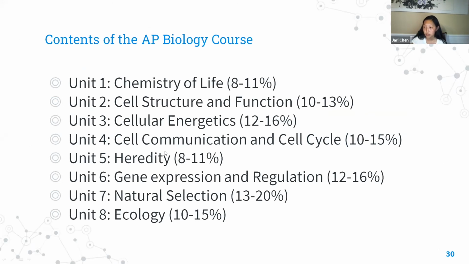So the average amount of AP classes a high school graduate takes depends on what your high school offers, what their requirements are, and what kind of student you are.